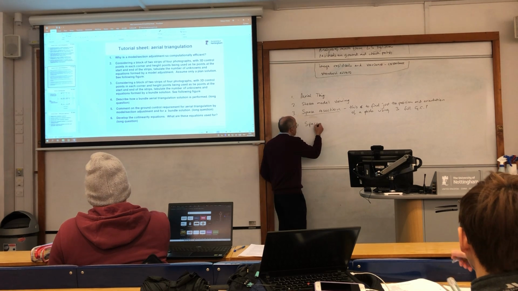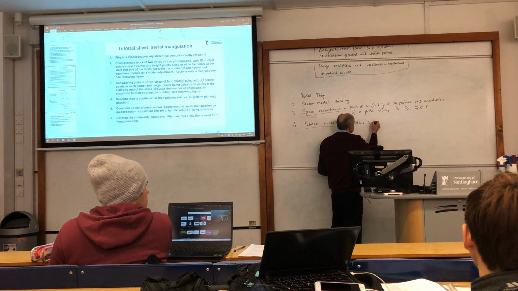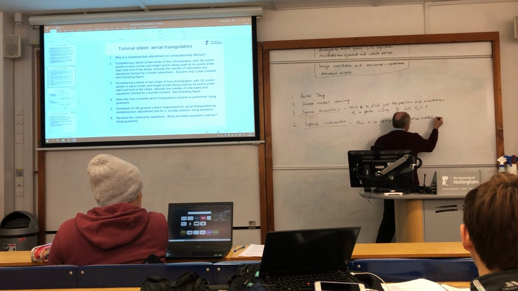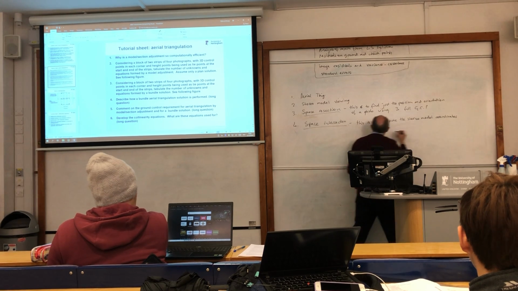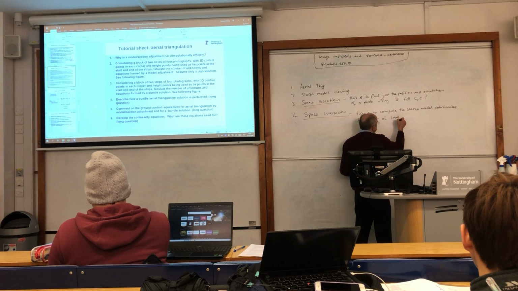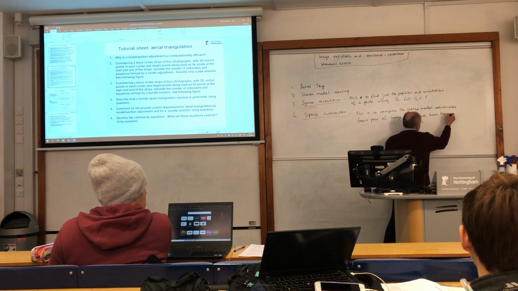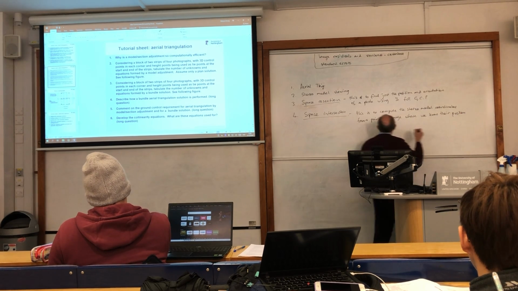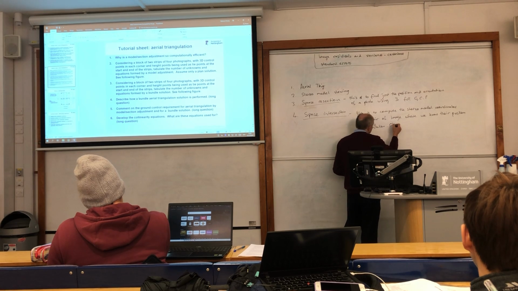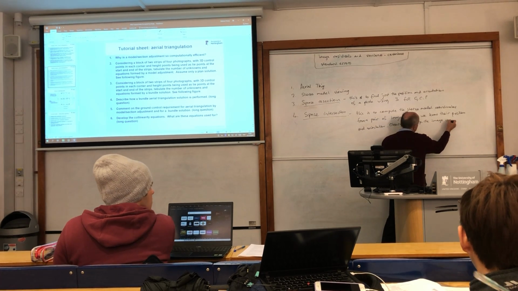And 4, there's something called space intersection, and this is to compute the stereo model coordinates from a pair of images where we know their position and orientation, and the observations are the image coordinates.